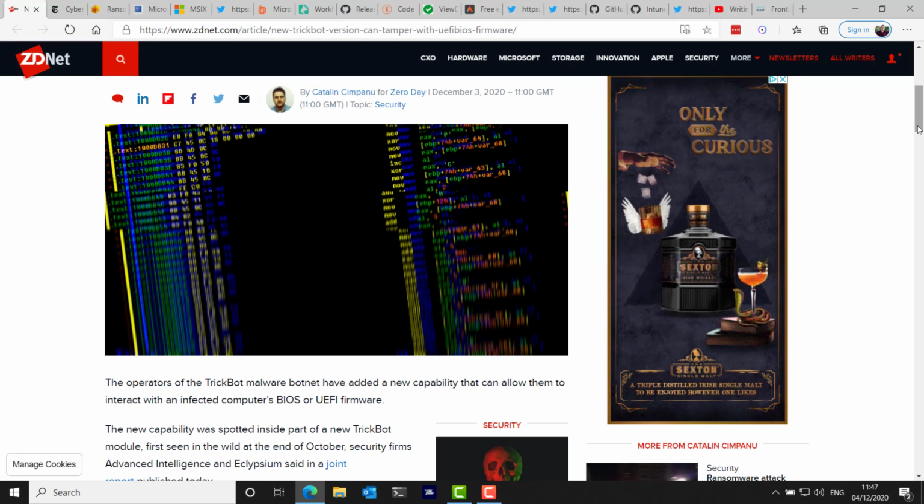Potentially, it could be a means for them to stay on systems even after tech teams think they have cleared any threat, and then if the organization refuses to pay the ransom, they can brick their machines from boot time using BIOS or UEFI. From memory, I believe I covered a story similar to this a few months ago, so it seems this is becoming an increasing surface for attack, which is not good.